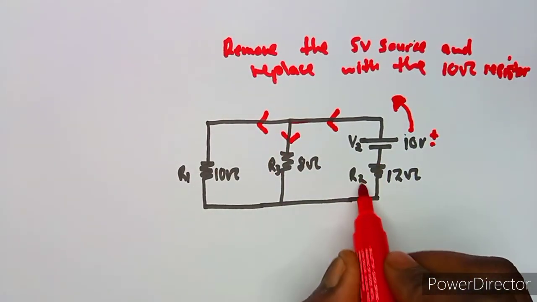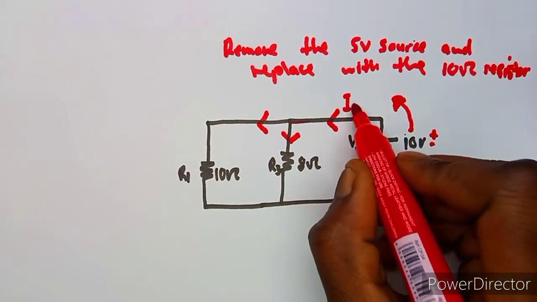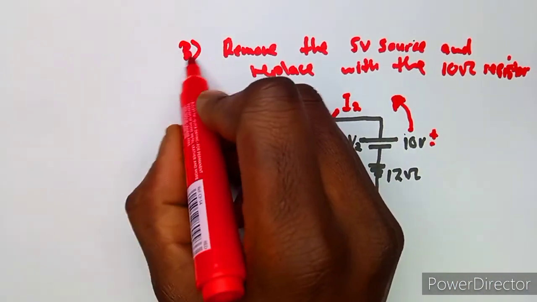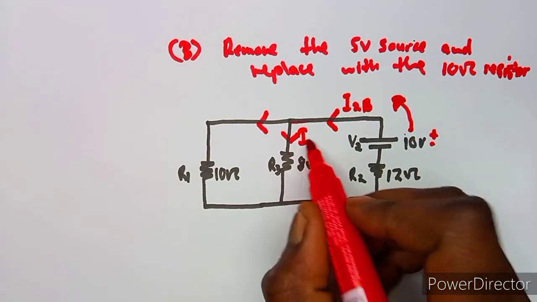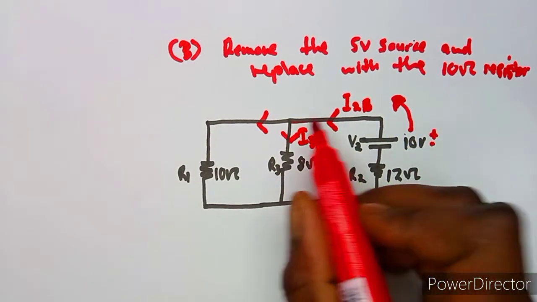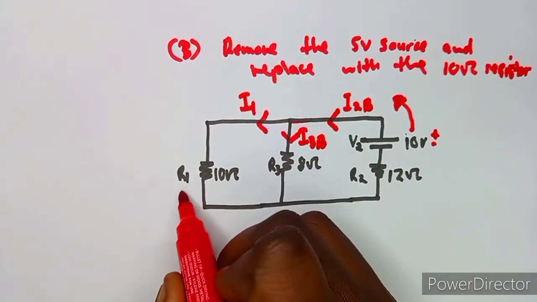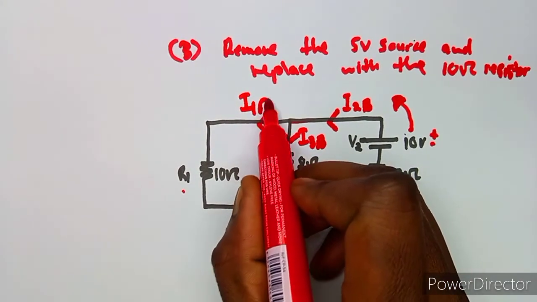In this case, this is R2, so we just put this as I2. Since this is our second condition, we put I2B, then this will be I3B, and this will be I1 due to the resistor 1 there.